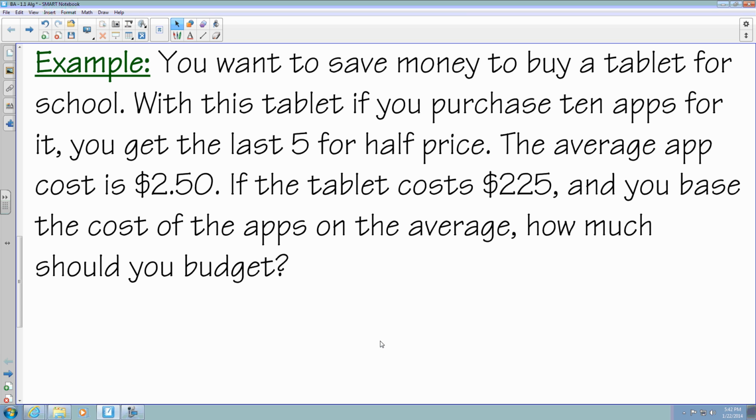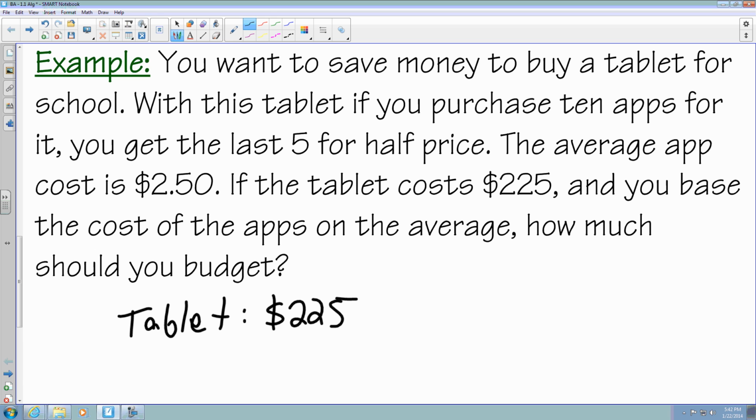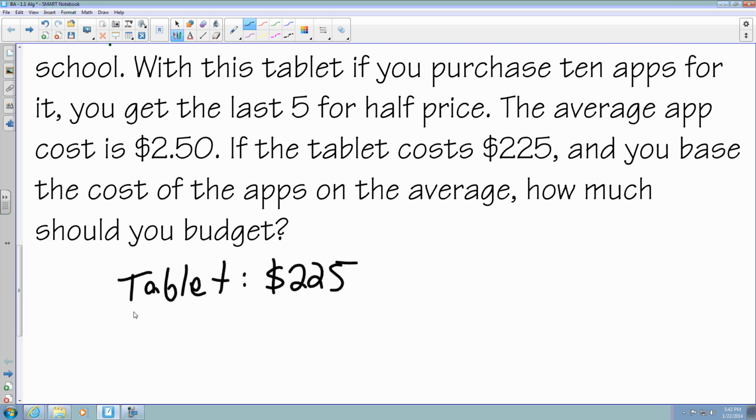So the first thing we have to figure out is we know that the tablet is going to cost $225. And I know that I want to buy 10 apps. And what they told us is that the average app costs $2.50, and the last 5 apps are half price.